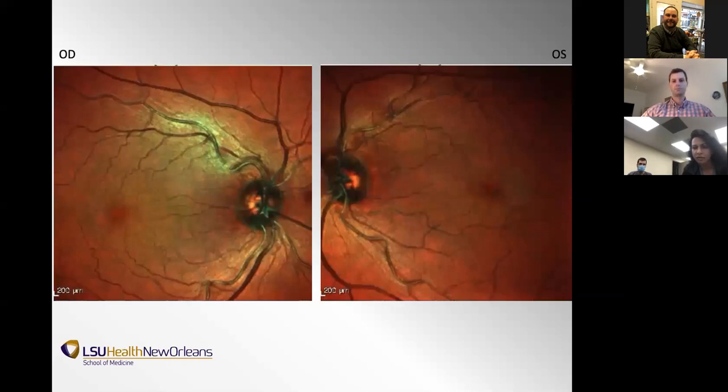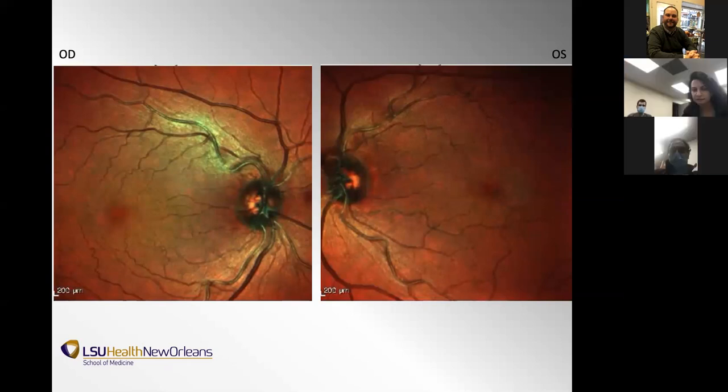How about a first year describes them for me, please? How about Dr. Morgan? Okay, so these are color fundus photos of the right and left eye, respectively. The media is clear. The nerves look very abnormal.